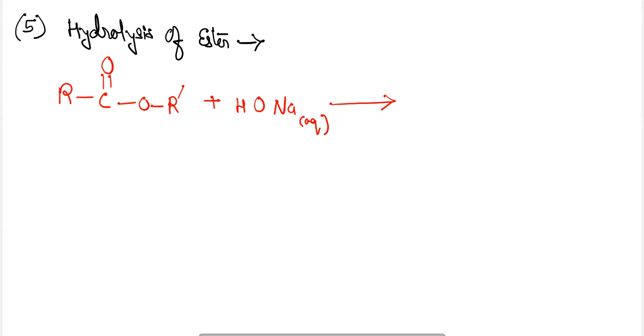So here the reaction will take place, and the hydroxide from the aqueous alkali will react with the alkyl group of the ester to form the sodium salt of the acid, and also alcohol.